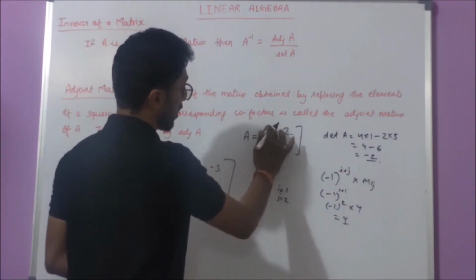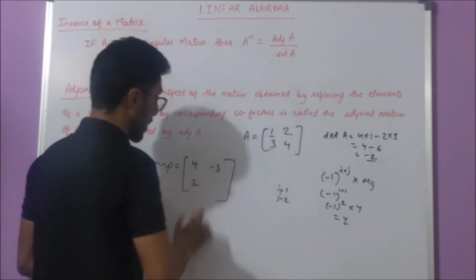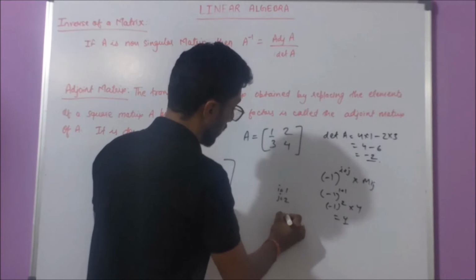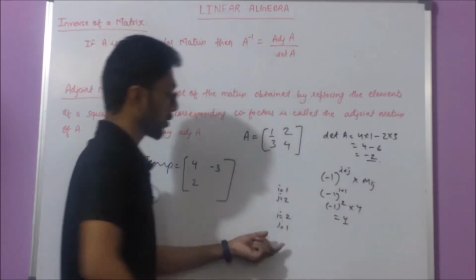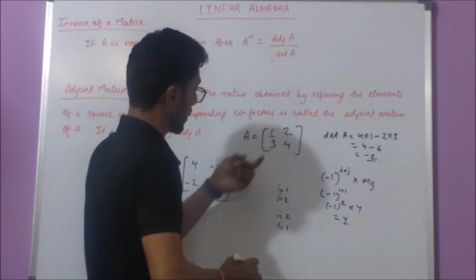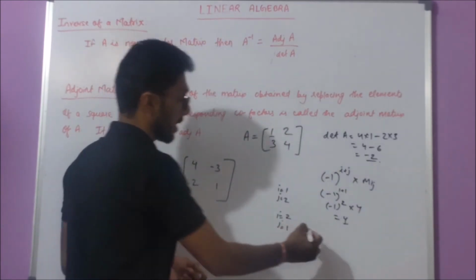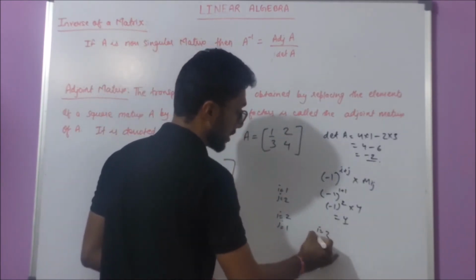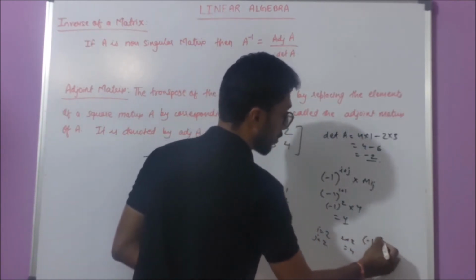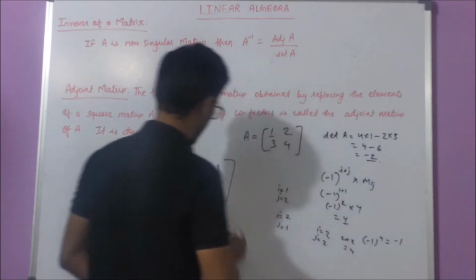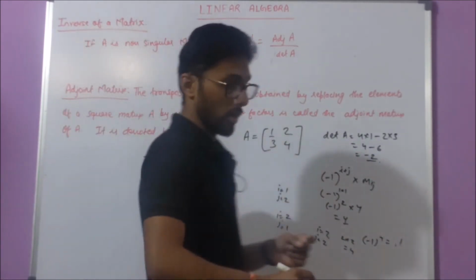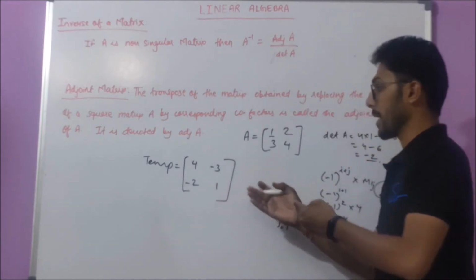Deleting its row and column we got 2, and i is 2 here, j is 1, so the sign is -1, so -2. And the next element is 1, the sign will be, i is 2, j is 2, which is 2 plus 2, 4, -1 to the power 4, which is 1. So this is how we find the cofactor of any matrix.